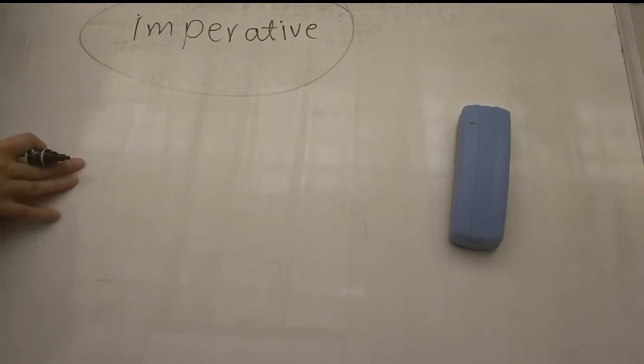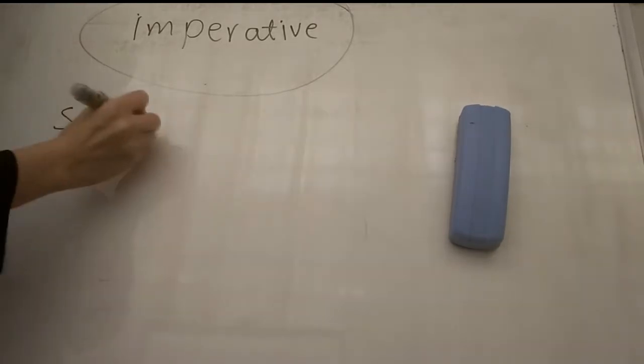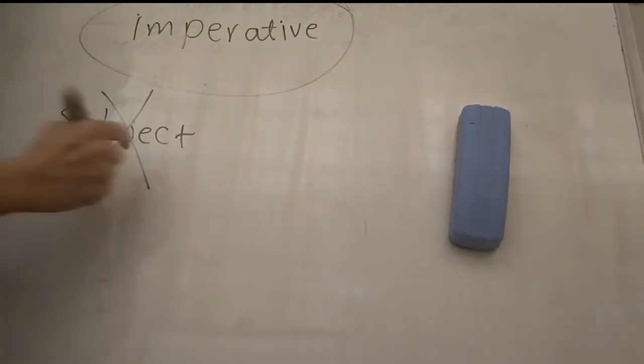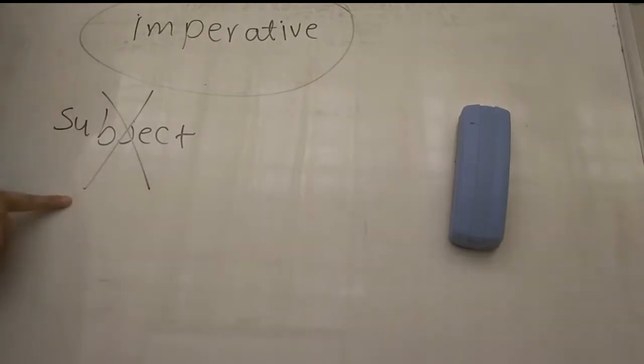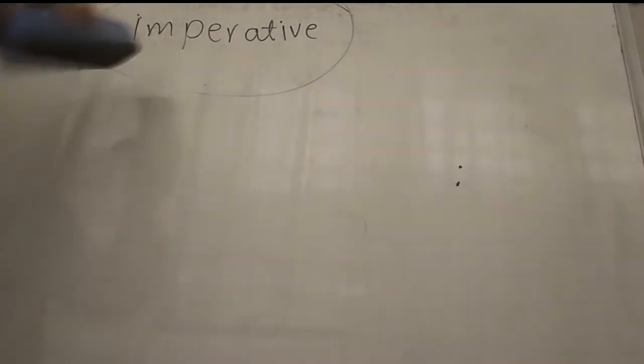Because the only thing that you need to do is not have a subject. The subject is not in the sentence. This is the only difference between a structured sentence and an imperative.